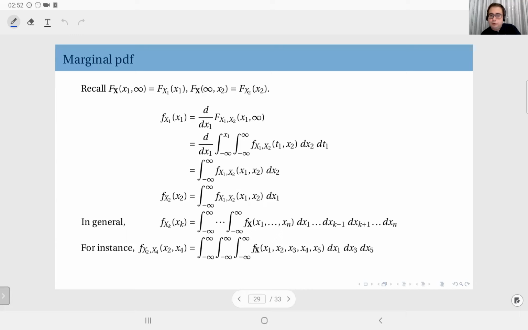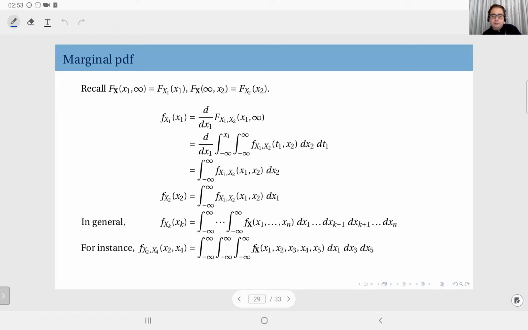Because you know the joint behavior of the random variables, you can extract the behavior of one of them or a subset of them. But the reverse is not true. For instance, if you know the marginal distribution of x1 and the marginal distribution of x2, you cannot directly write the joint distribution. This is a very important point, okay?